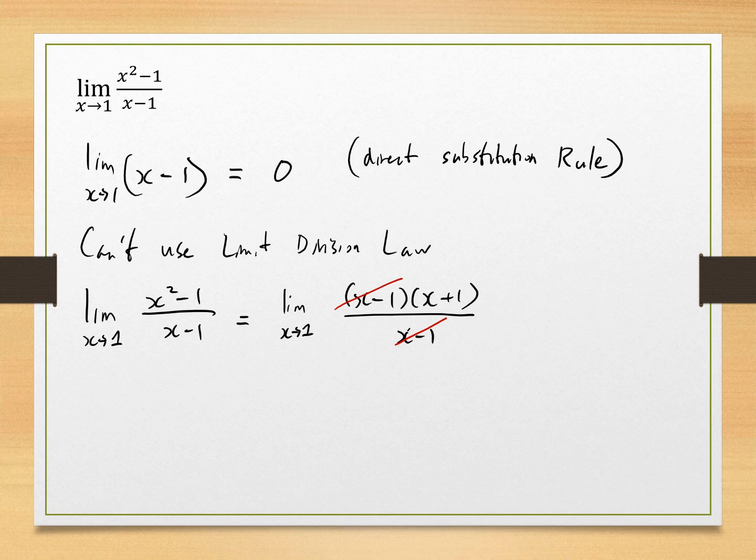So can you do this? Not if x is 1. But right now, what we have here is not x equals 1. We have x approaching 1, which means x is not 1. X is just very close to 1. So this is an important distinction.